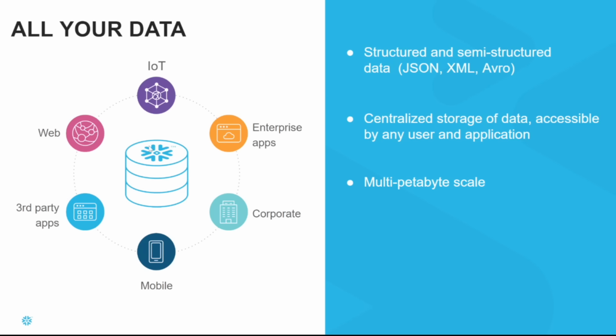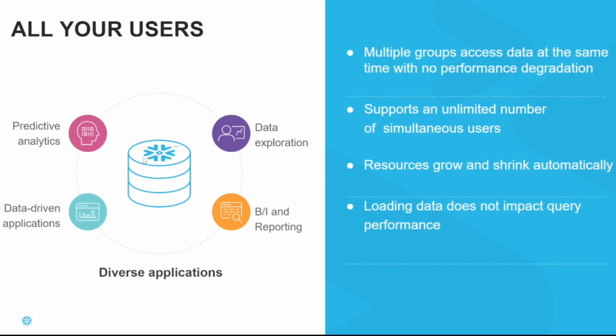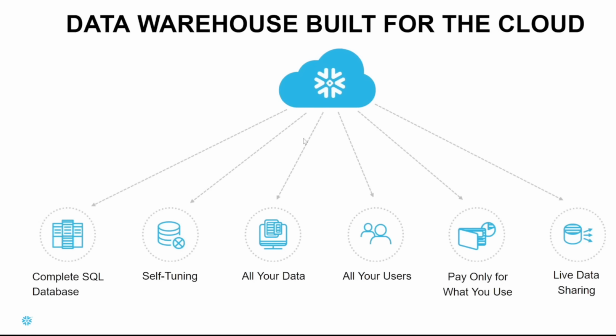Since all the data is stored at a single location in Snowflake, different users of that organization can access the same Snowflake account to perform different activities. There could be a data exploration team who want to access the data from Snowflake. There are some teams doing ML operations, and they can also access the data from the same Snowflake account. And there are some teams doing BI and reporting, who can also access the data from Snowflake and build their reports on top of that. So this is the fourth feature of Snowflake.